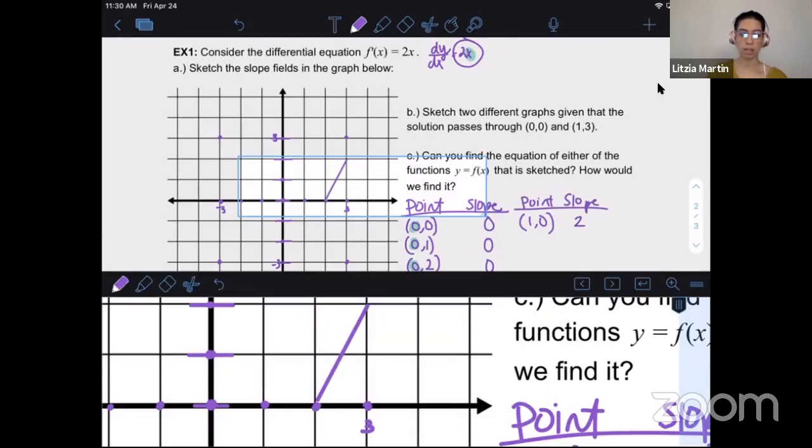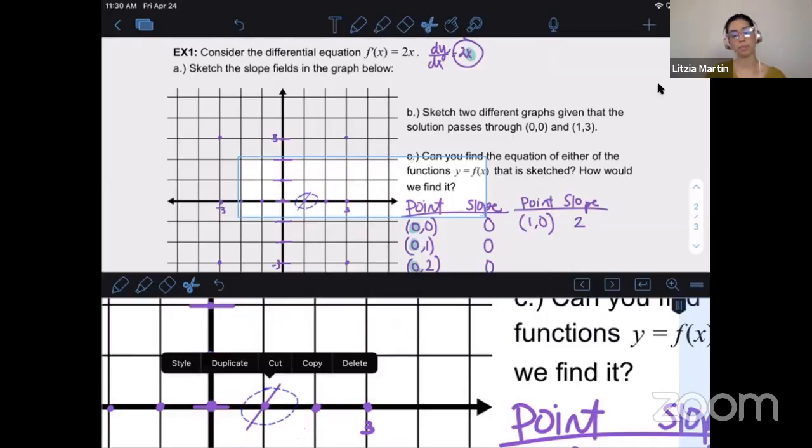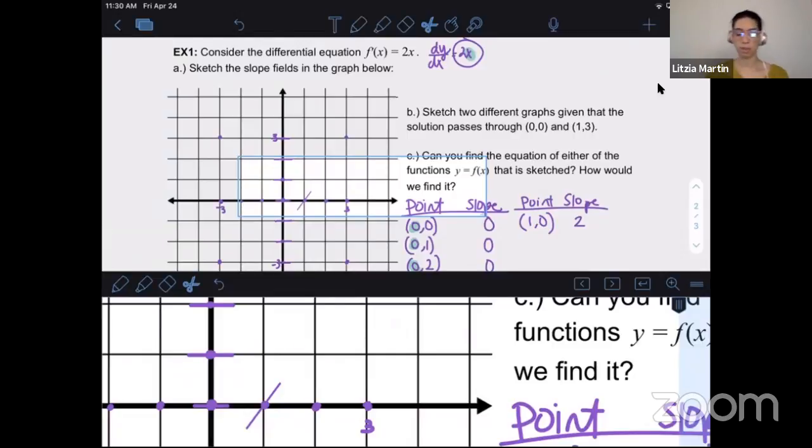So it would look kind of like that. So you can visualize what that slope would look like and then get your line segment from there. So that is a slope of 2 for that little segment.